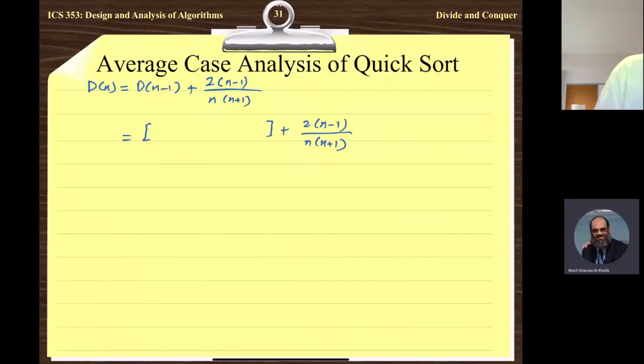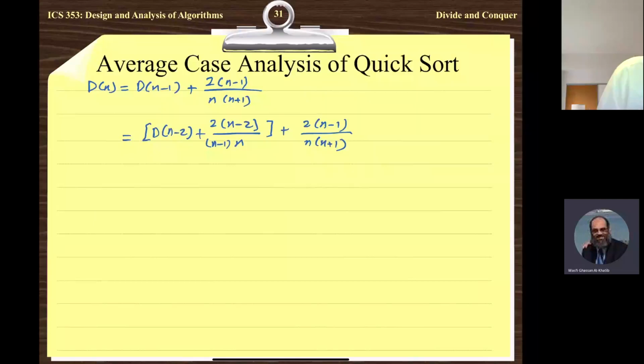Now this is D(n-1). If we put n-1 here, what do we get? We get D(n-2) plus twice (n-2) divided by (n-1) multiplied by n.